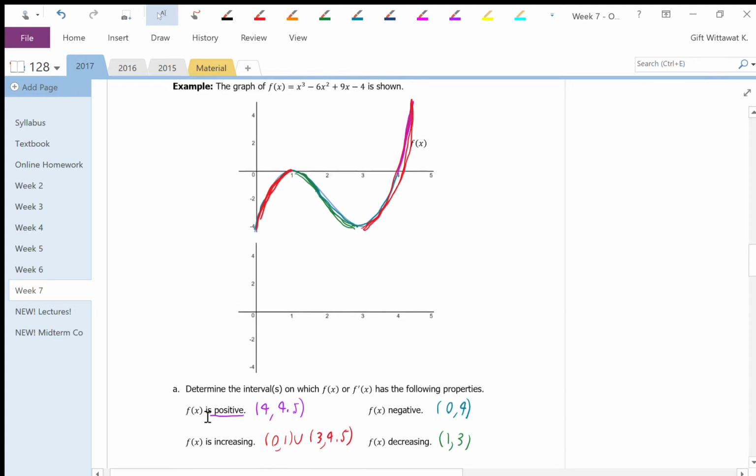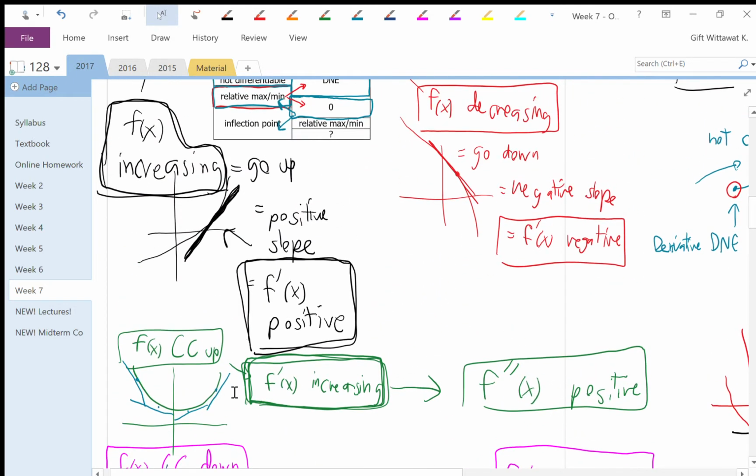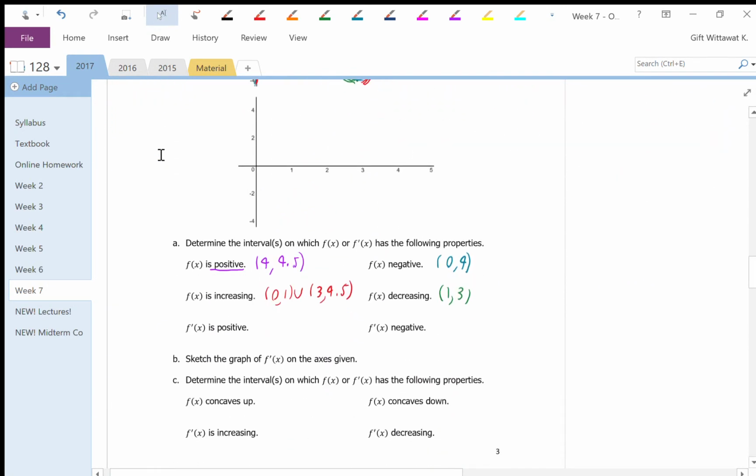If you remember, the derivative is going to be positive when the function is increasing, so these two are actually the same thing. And same deal with the other one: my function is decreasing when the derivative is negative, so my derivative is negative on the interval from 1 to 3.